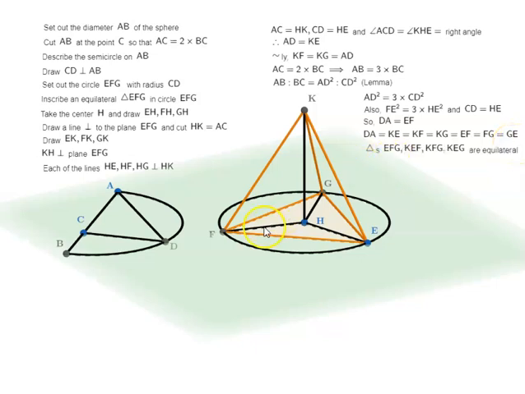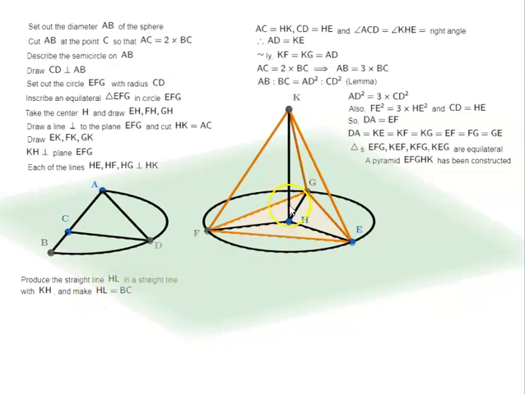So, the triangles EFG, KEF, KFG and KEG, they are equilateral triangles. So a pyramid EFGHK has been constructed.